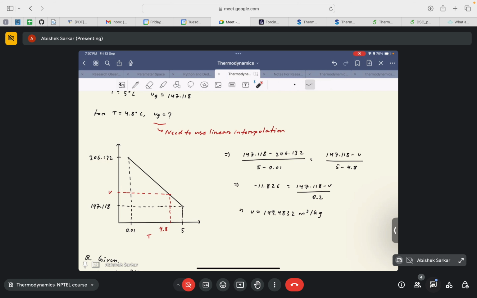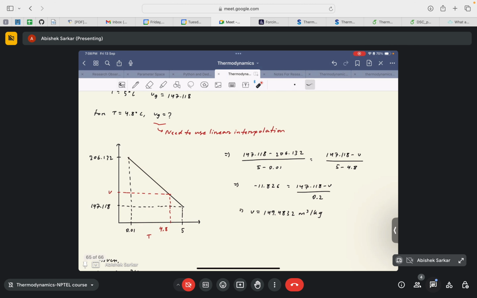Similarly at 5 degrees Celsius we have specific volume as 147.118. The temperature given is 4.8 degrees Celsius, which is between 0.01 and 5. Similarly, this specific volume will also be between 147.118 and 206.132.